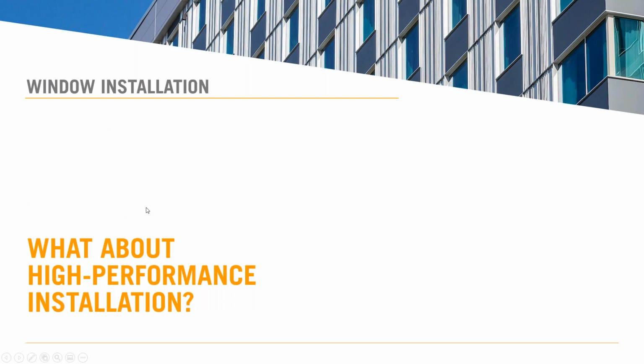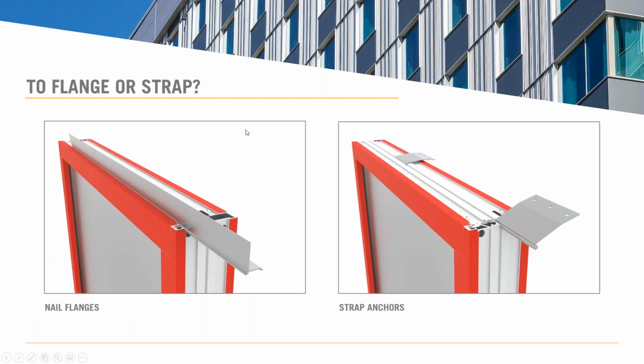Okay, installation. This is another critical part of modern building construction, and a place where it can make or break your window performance is installation. So a topic I wanted to cover for you guys today is attachment. Many of you may be familiar with the attachment method called the nail flange.